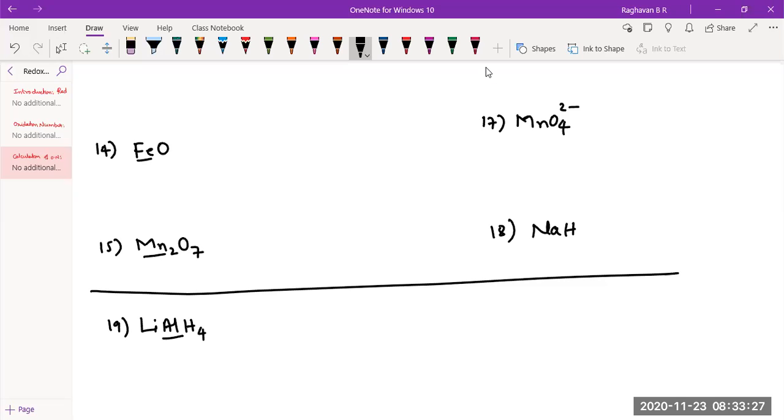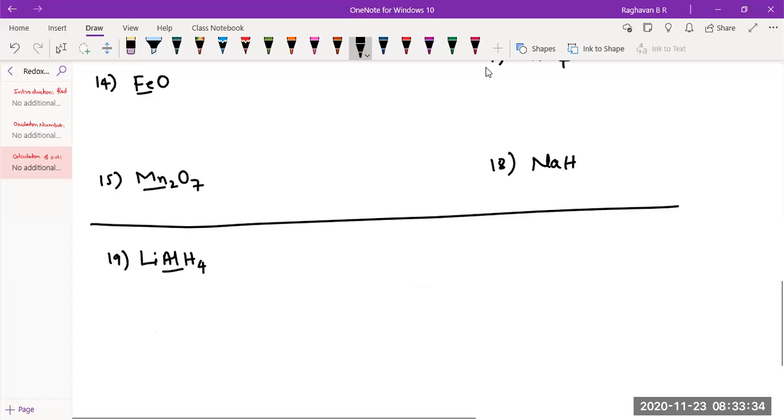So what is that 19th one called? Lithium aluminum hydride. Okay, sir.